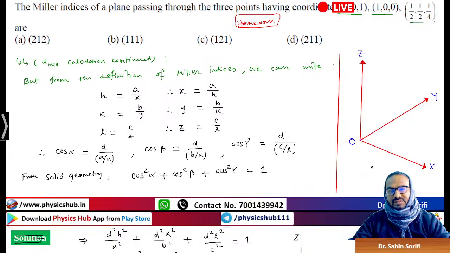Now it has mentioned the points 0, 0, 1, which means let's say 1 unit is this. Then 1, 0, 0 is this point, and half, half, 1 by 4 is somewhere here.